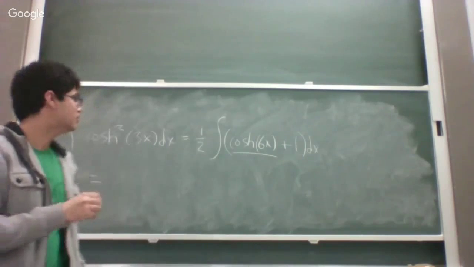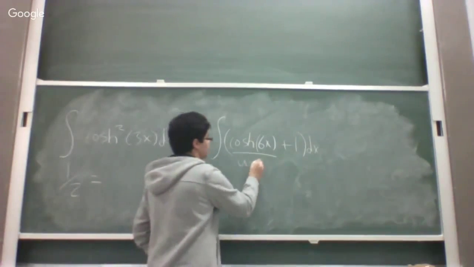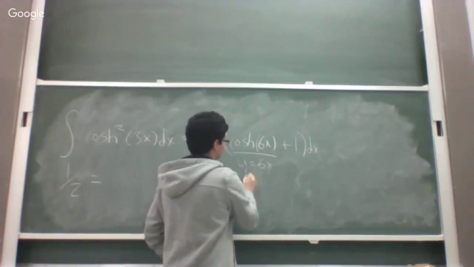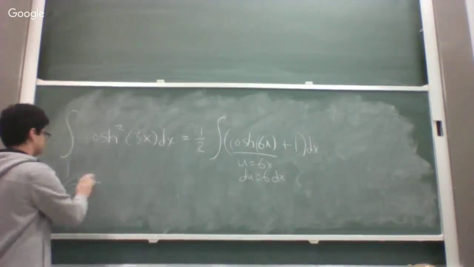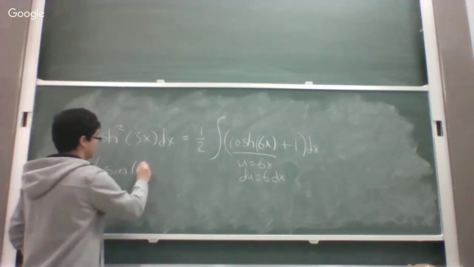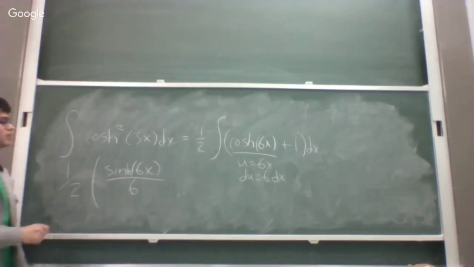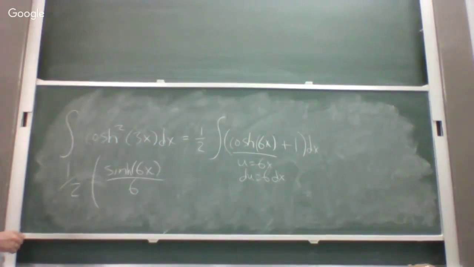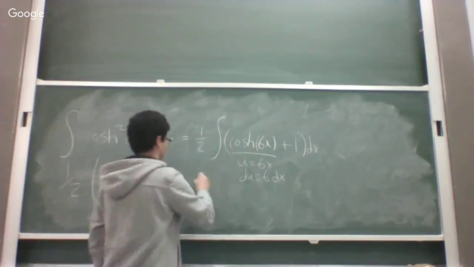If we make u equal to 6x, du is equal to 6 dx, so then we have sinh of 6x all over 6, because we multiply by a 6 and divide by a 6 on the outside, plus x.